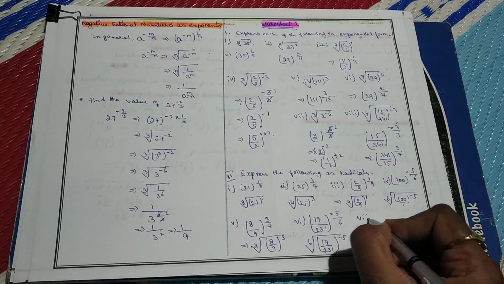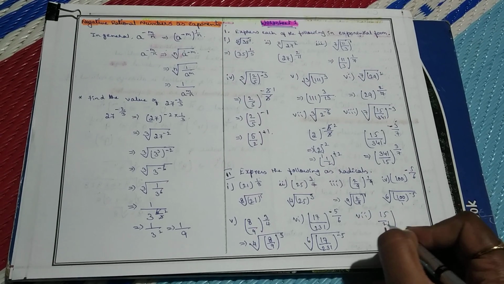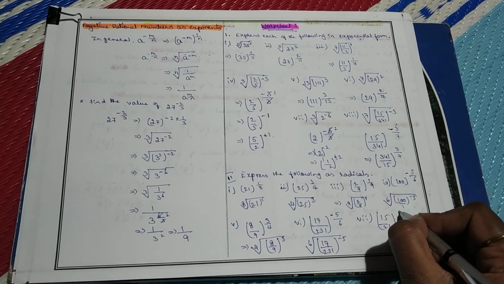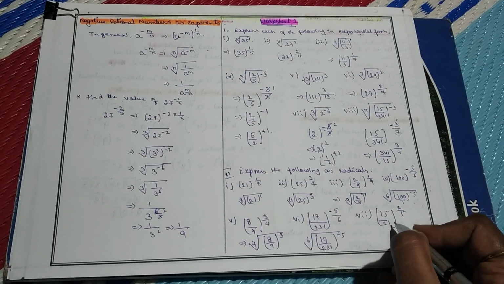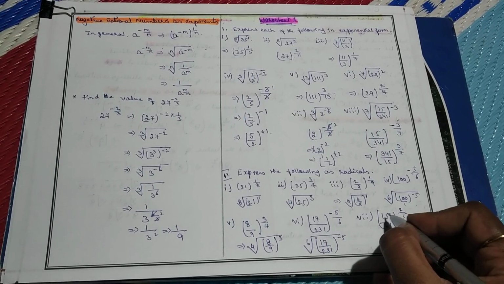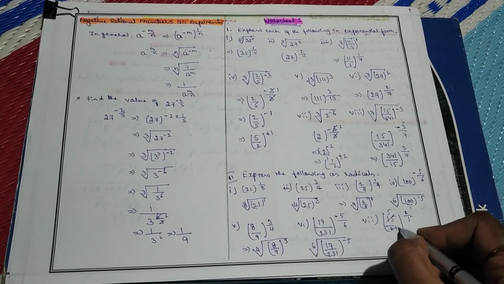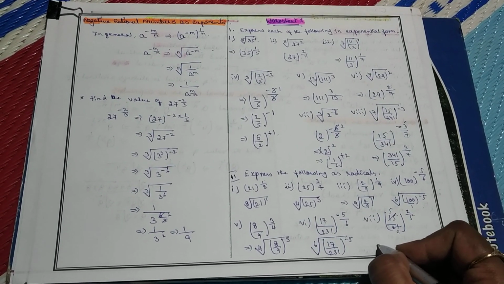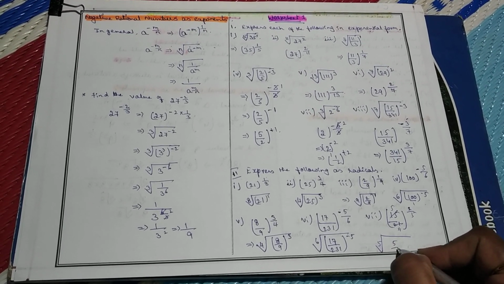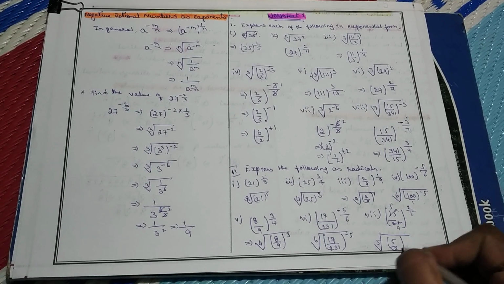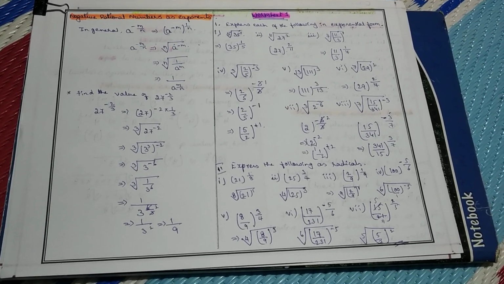Then 7th one, 15 by 21 whole to the power of 2 by 5. Then 15 and 21 will get cancelled with the 3 table. I can go for cancellation also. 3 5s are 15, 3 7s are 21. Then I'll get 5th root of 5 by 7 whole to the power of 2. This is how we have to solve, children.